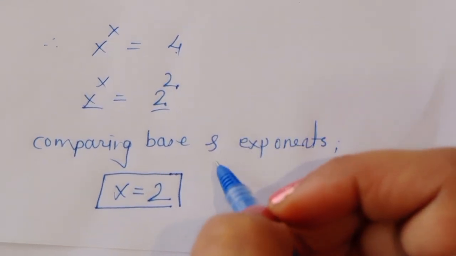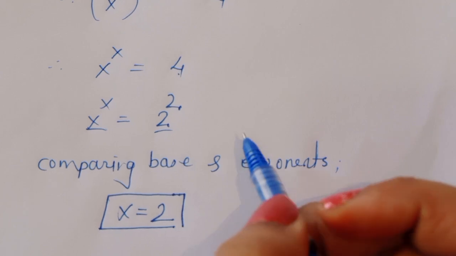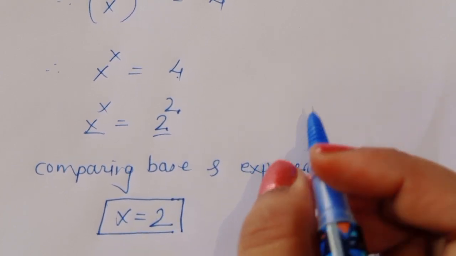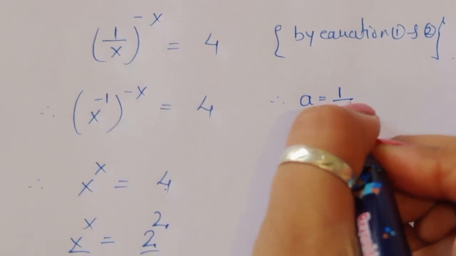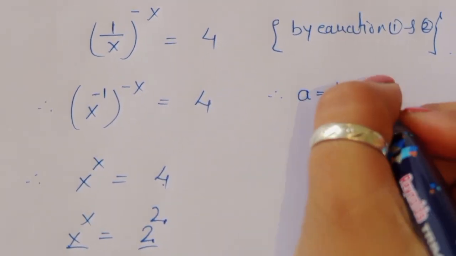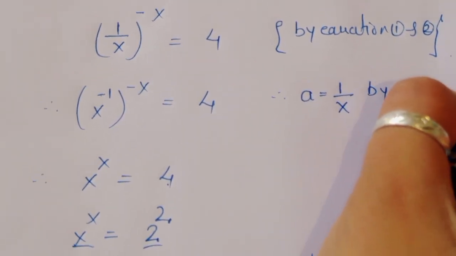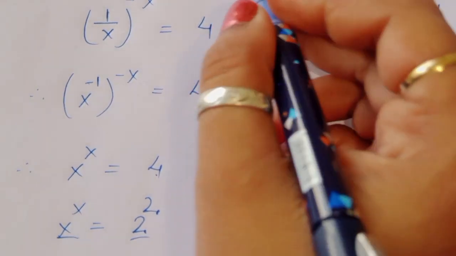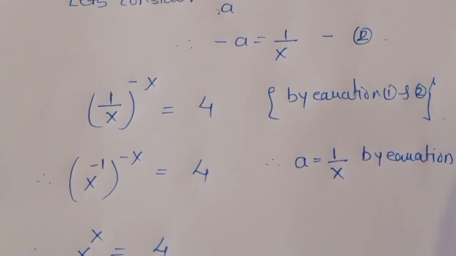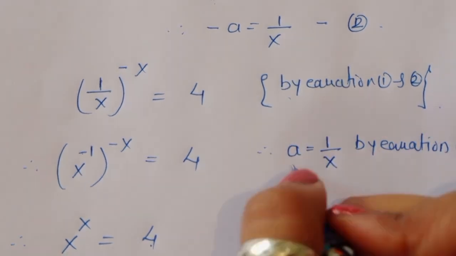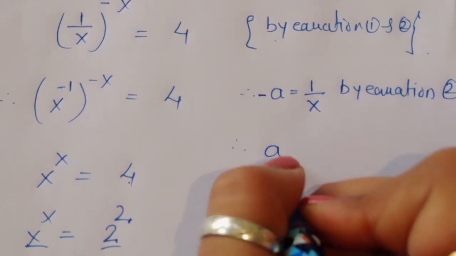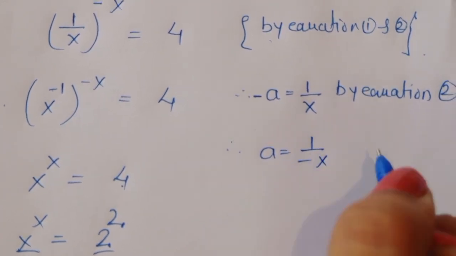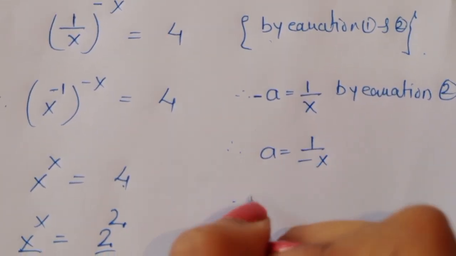But x = 2, so you can see here a = -1/x by equation 2. So -a = 1/x, therefore a = 1/(-x).